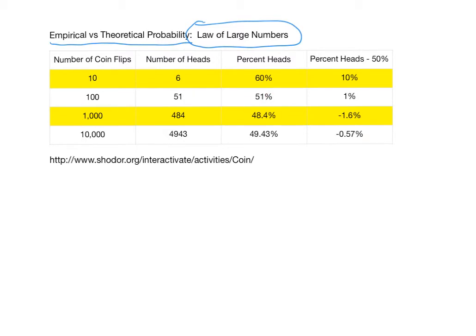When it flipped 1,000 times, there were 484 heads, which is 48.4% of the time. And then when it was done 10,000 times, it had 4,943 heads, which gives you 49.43% heads. Now, the law of large numbers basically says as these numbers get bigger, the more times you do an experiment, the empirical probability approaches the theoretical probability in the long run.